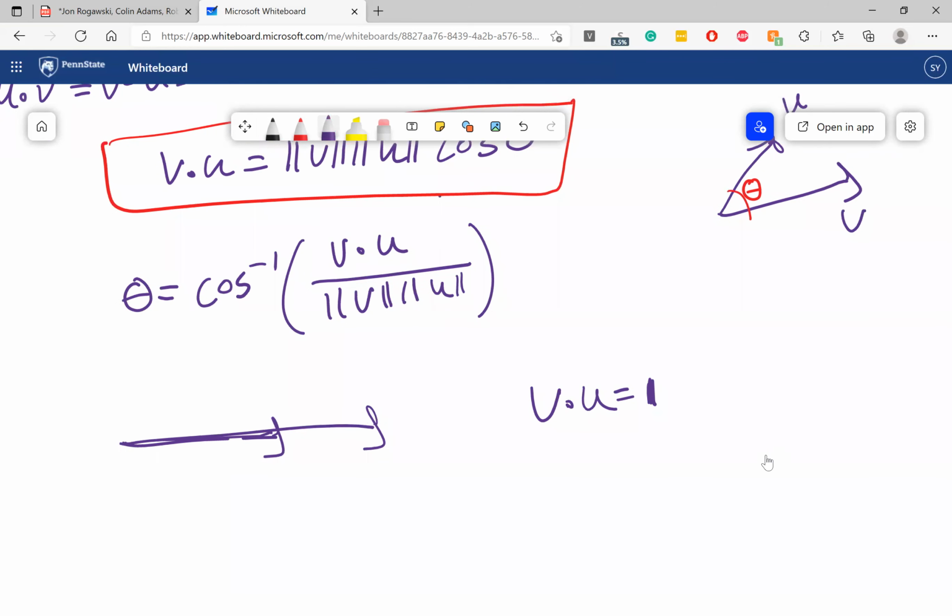And if they are orthogonal, then the dot product between them is going to be equal to 0. Any questions?